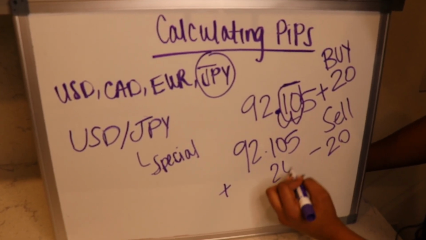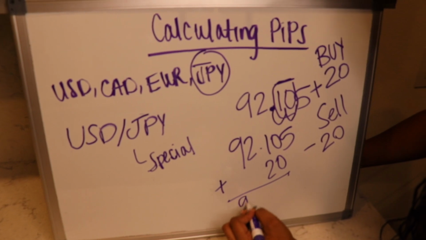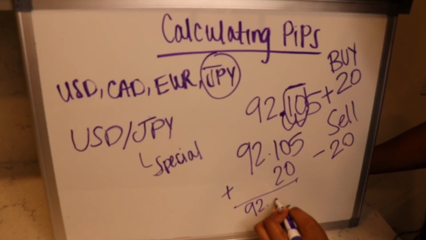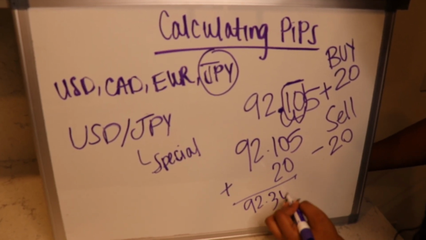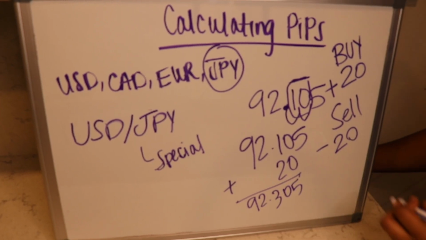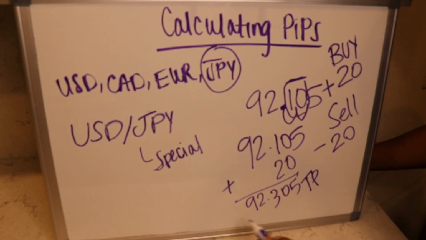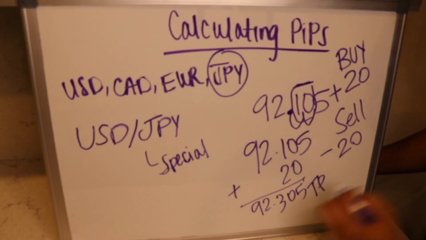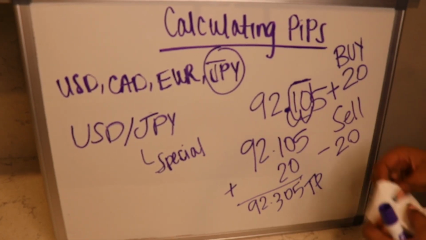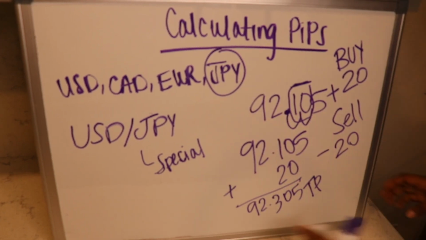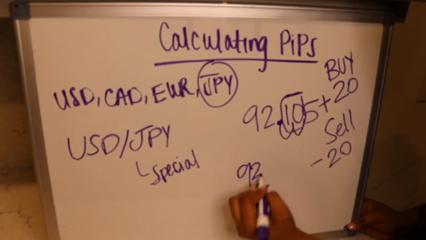20 pips. So I'm getting in for a buy. This is 20 here. Now it's going to be 92.305. I have a TP of 20 pips. It's going to be 92.305. This is when you are working with your basic pairs with JPY. Now I'm getting in for a sale.